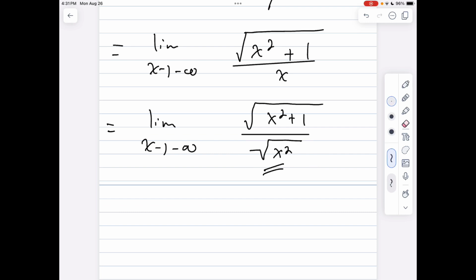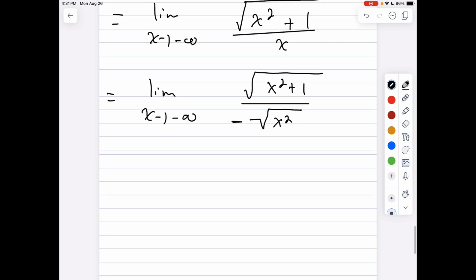So what you do is put a negative in there. The big picture here is that if you want to use this technique, you have to pay attention to which direction you're headed, negative infinity or positive infinity. If it was positive infinity, I wouldn't even care about the negative, but we are going to negative infinity, so that's important because it can change the sign here.